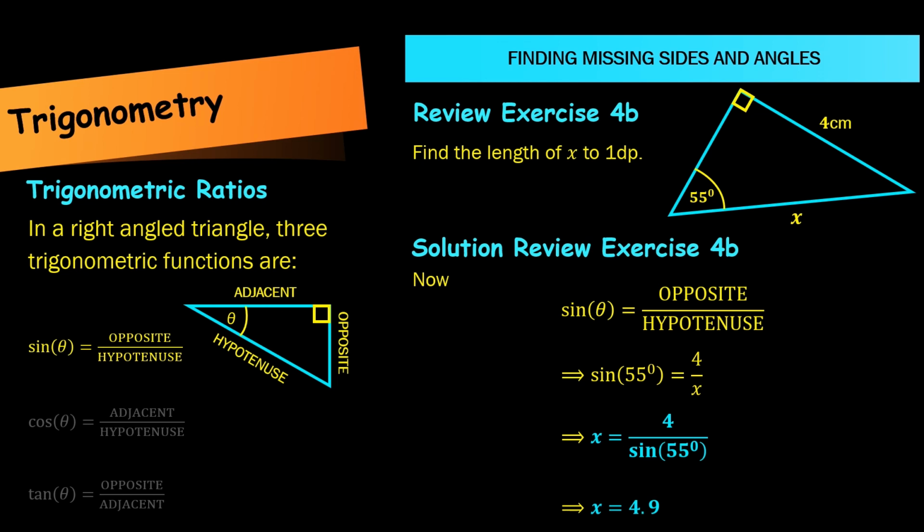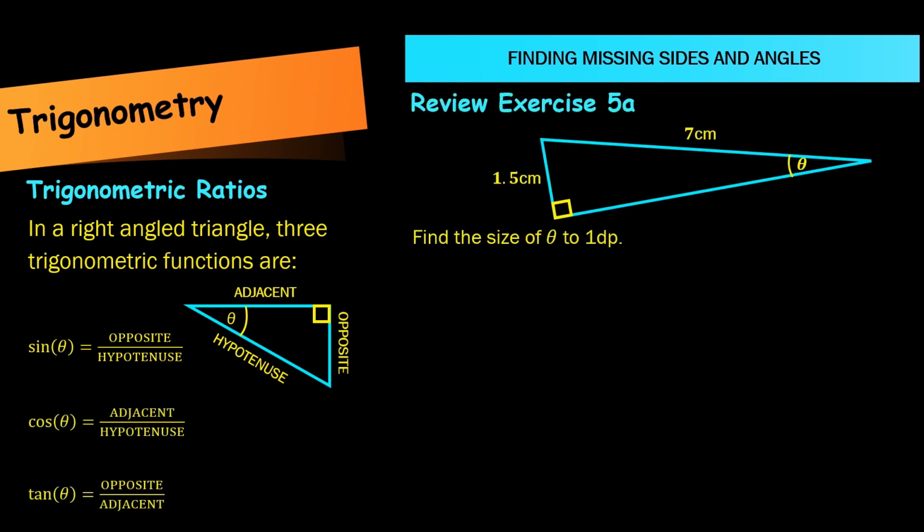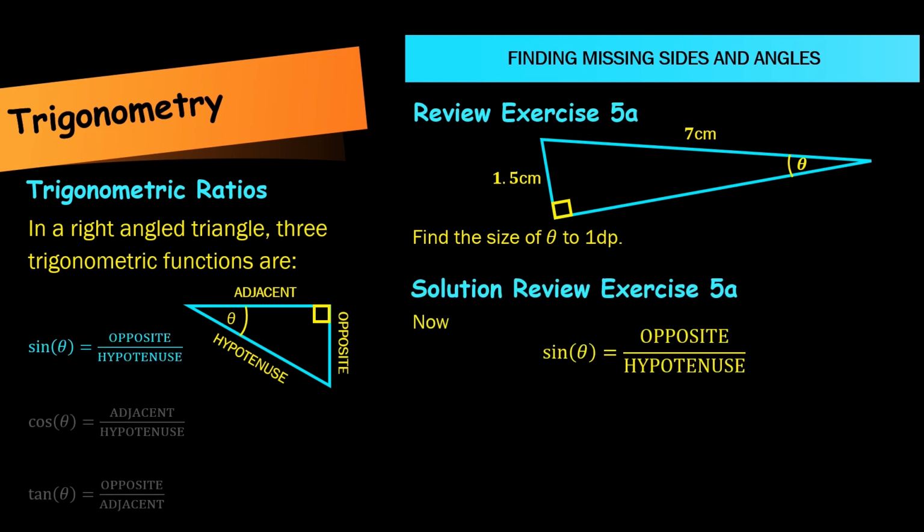And now for exercise 5a, we are required to find the size of theta to 1 decimal place in the given diagram. So we have a right-angled triangle, we have an unknown angle, we have the side opposite to it, which is 1.5 centimeters, and we have the hypotenuse, which is 7 centimeters. So we're going to use the sine formula again. We have sine theta equals opposite over hypotenuse.